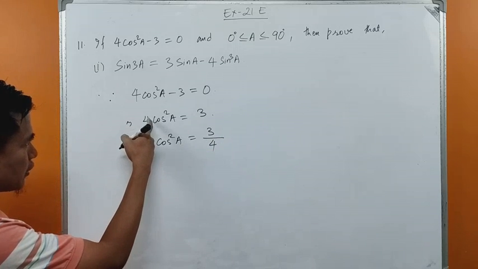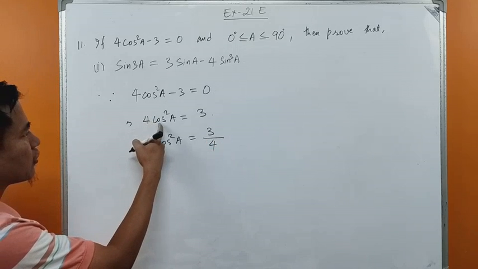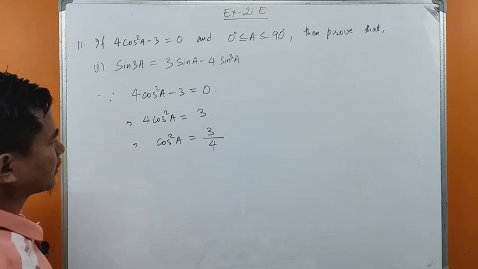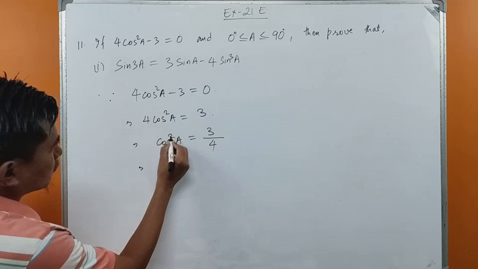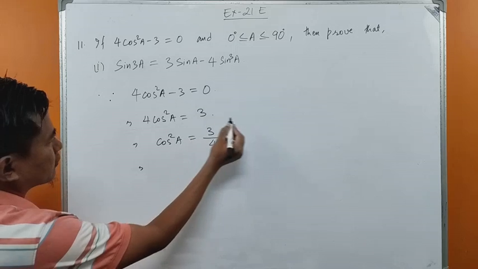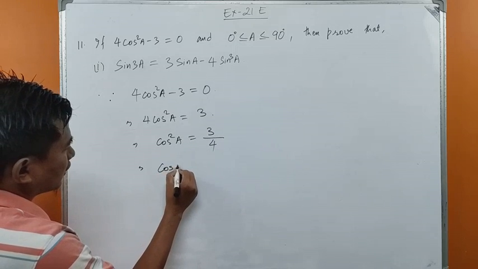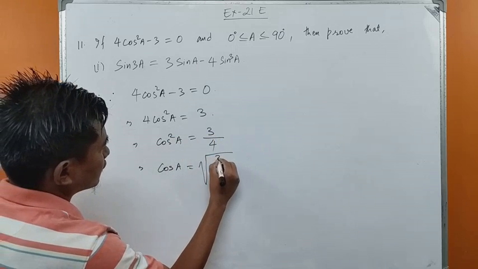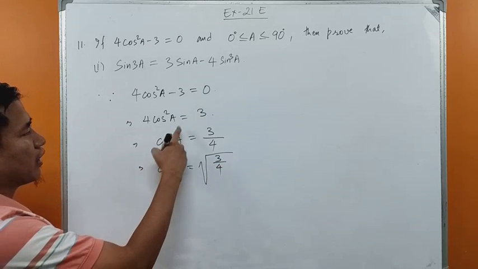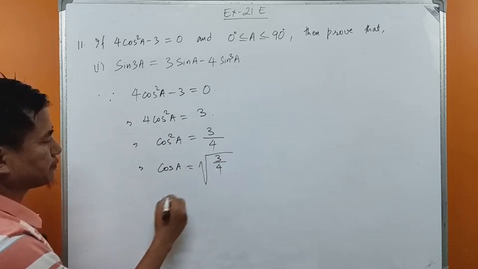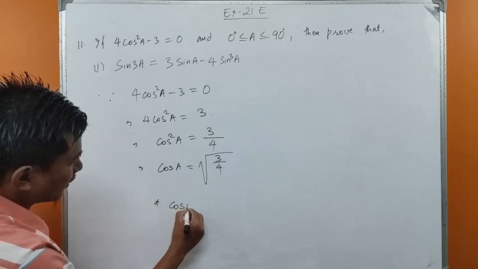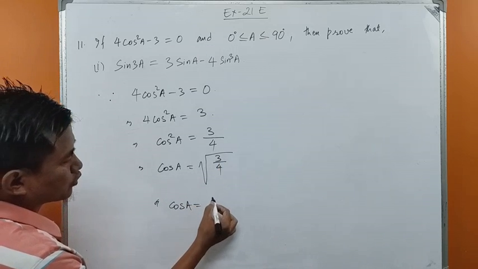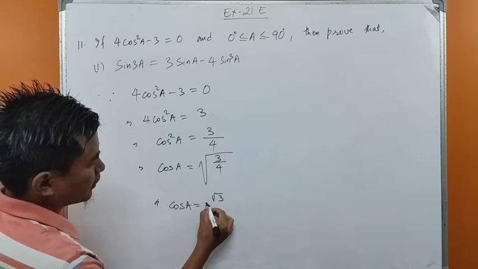Now we take this square to the right hand side, it becomes root. Cos A equals root under 3 upon 4.